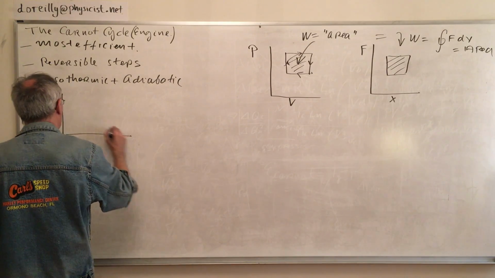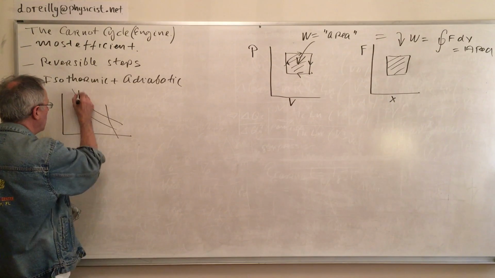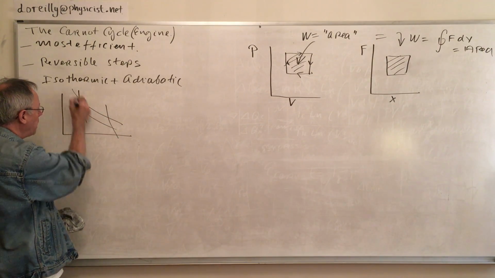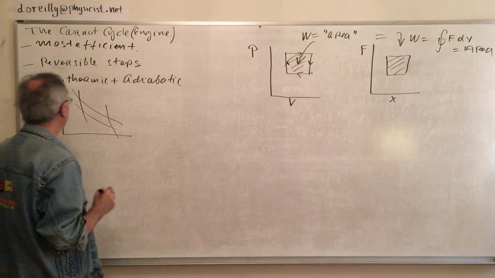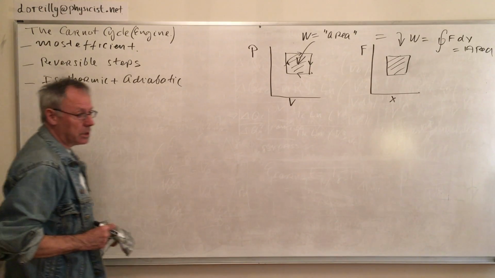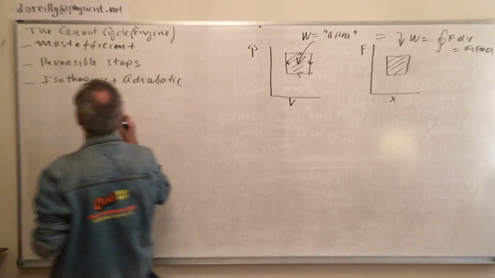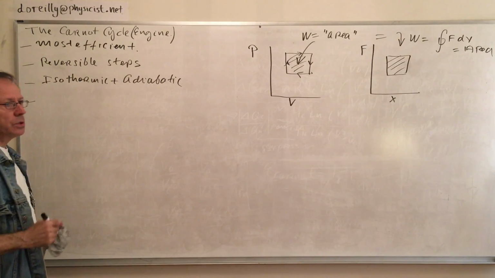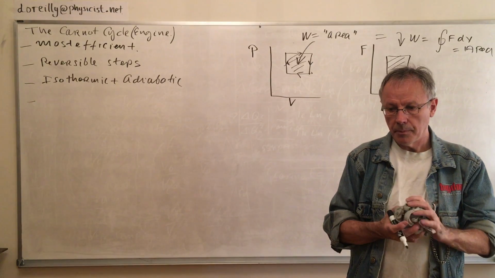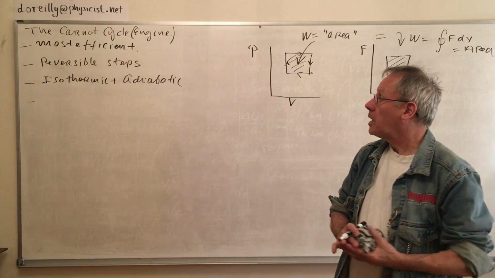Roughly speaking, he has two isothermal steps and two adiabatic steps. Isothermal, adiabatic, I'll say what that means in a minute. Isothermic is a good word, could be isothermal, I don't care. Let's just do the cycle first, and then we'll have a look at the efficiency of the Carnot cycle.